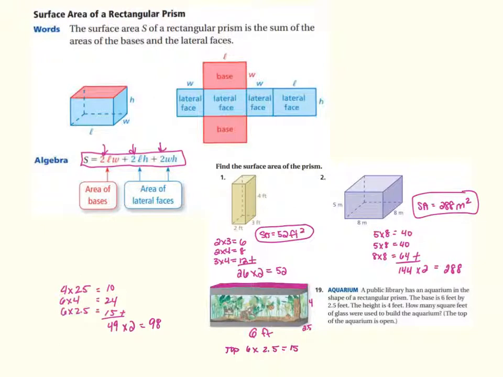So then all you have to do is subtract your total surface area minus the 15 for the top, because we need to get rid of that glass that's not included. So 98 minus 15 gets you 83. So 83 feet squared worth of glass for this aquarium.